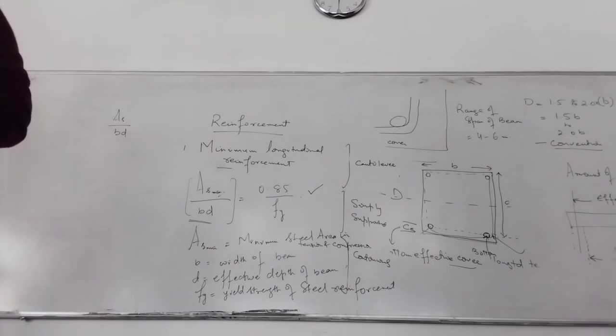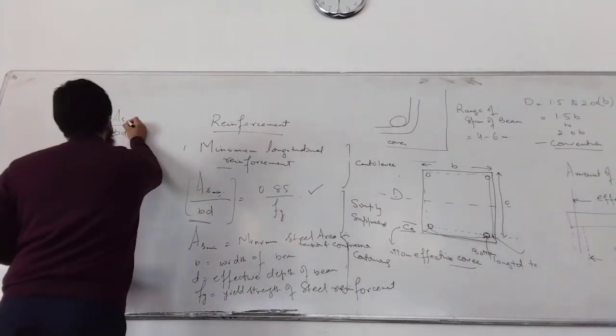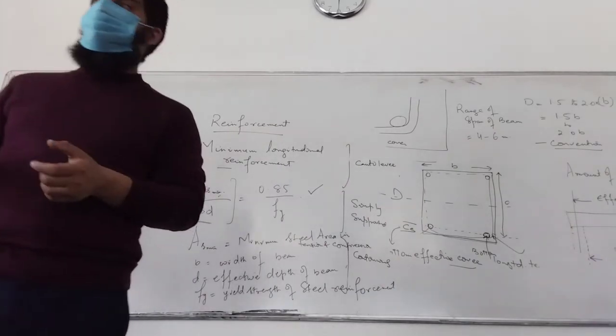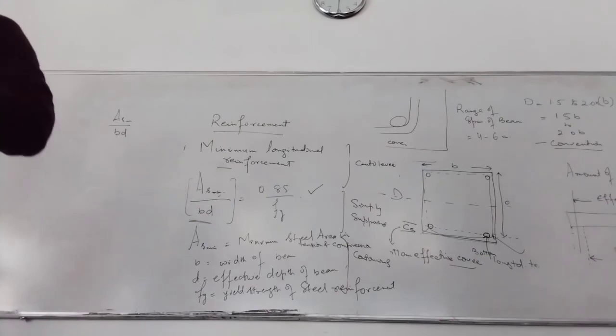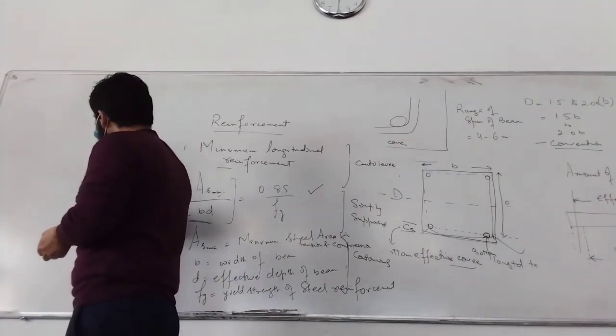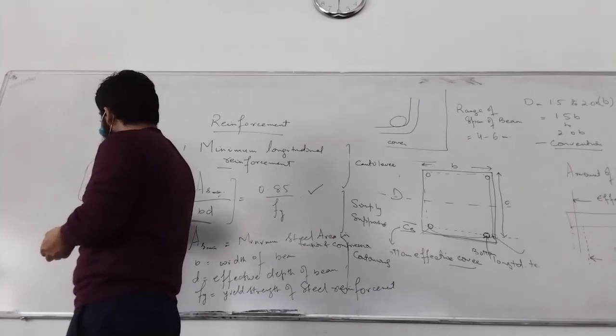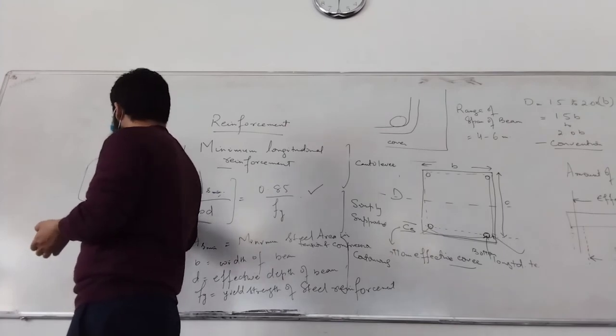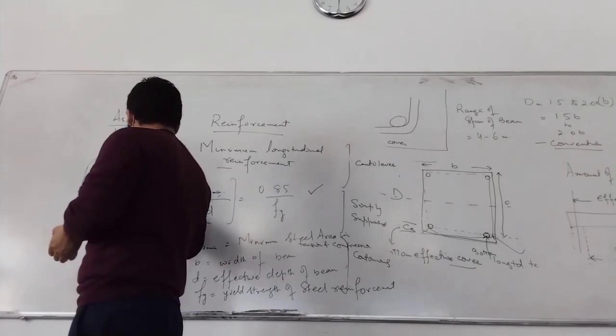The effective area of the section. It is not capital D, it is small d. Effective area of the section, leaving apart the cover. Cover is not in the picture. So this gives how much effective steel area there is in this envelope.